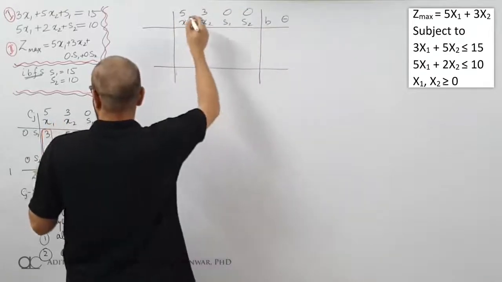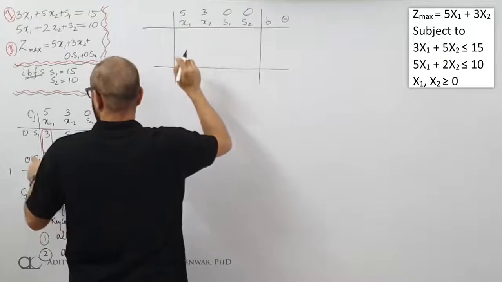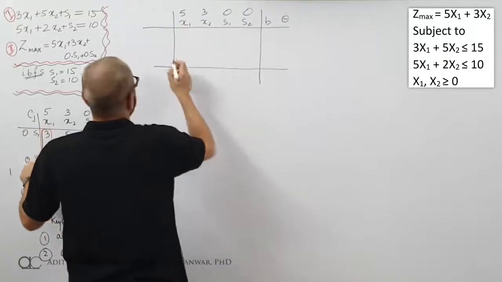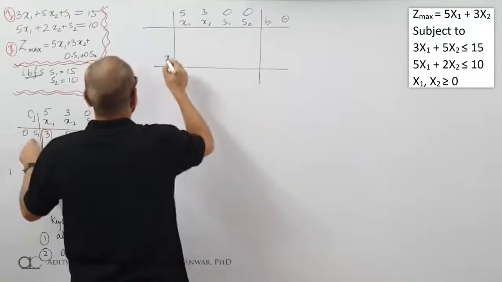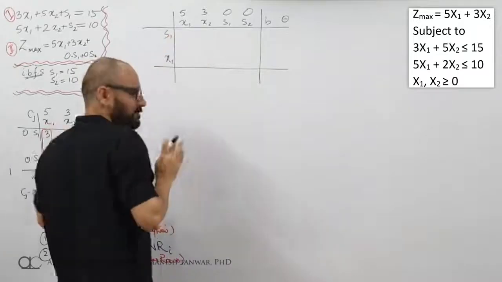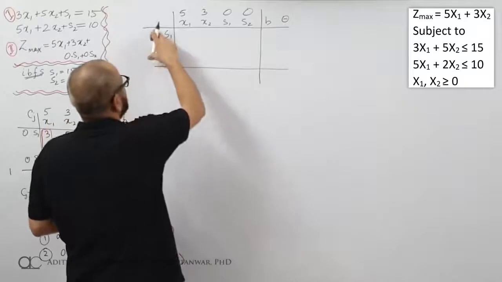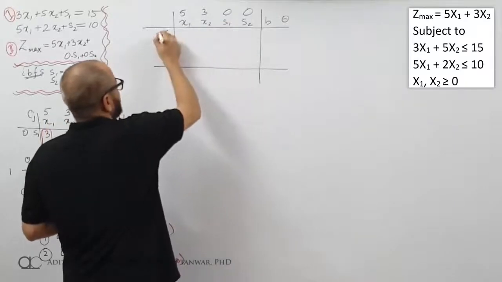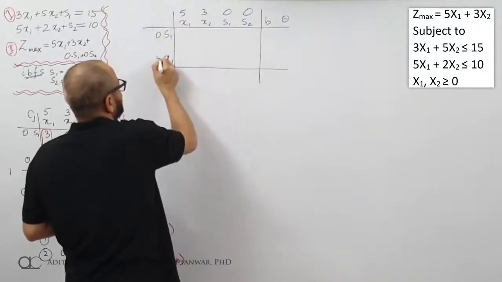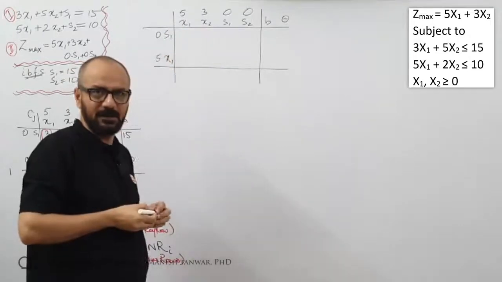So now x1 will be replacing s2. So I will be having x1 over here, s1 is still intact. S1 is not going anywhere, but this s2 has been replaced by x1. S1 is contributing nothing, x1 is contributing 5.